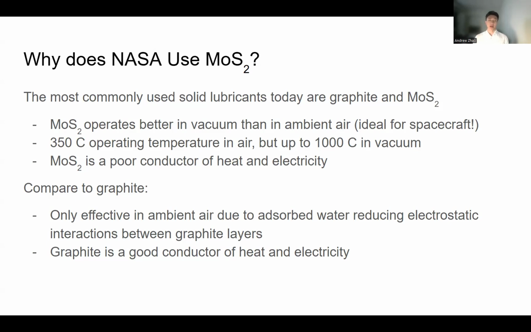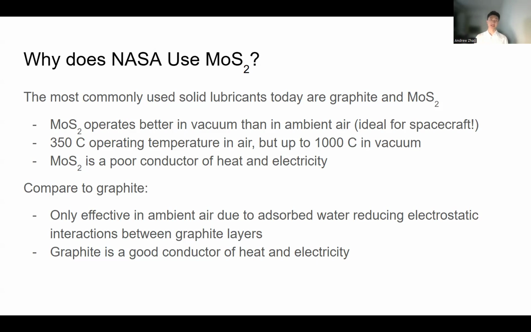Molybdenum disulfide can operate at a temperature of up to 350 degrees Celsius in air, but up to about 1,000 degrees Celsius in vacuum, which is incredibly important, especially if you're going to be flying close to the sun in space, or if you're going to be sending lander modules onto Venus or other planets where the atmosphere may be a lot hotter than it is here on Earth.